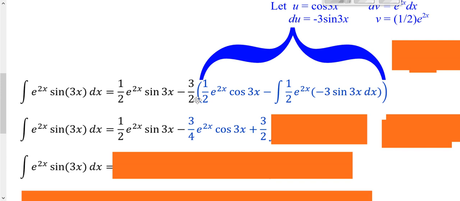We could distribute through your 3 halves onto this. That's where the 3/4 comes from. 3 halves onto this. And you might be wondering, well, why is that a plus? Well, because it's a negative 3 halves that we're distributing through. And then when you look here, notice you have a negative 3 times a 1/2.